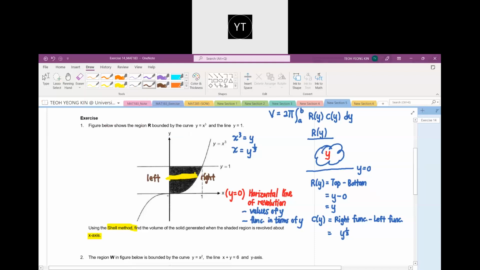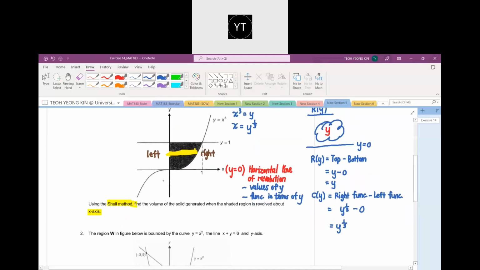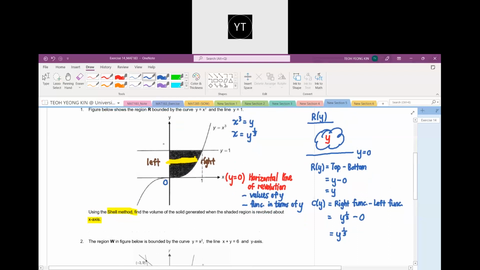The right hand function is the curve y equals x cubed, and the left hand function in this case is 0. So y power of 1 over 3 minus 0. So our C(y) is y power of 1 over 3. The values of y are from 0 to 1.